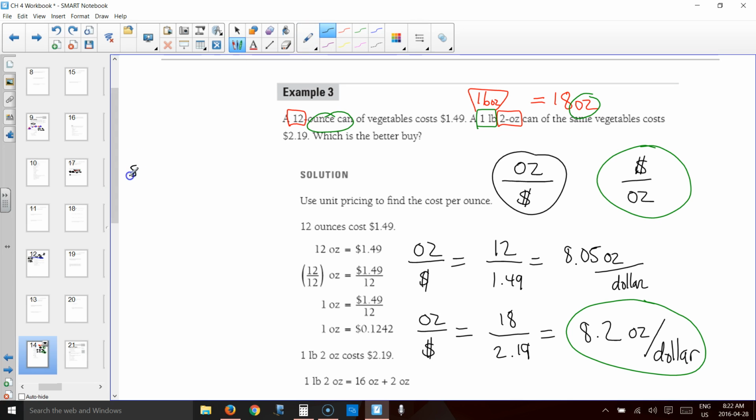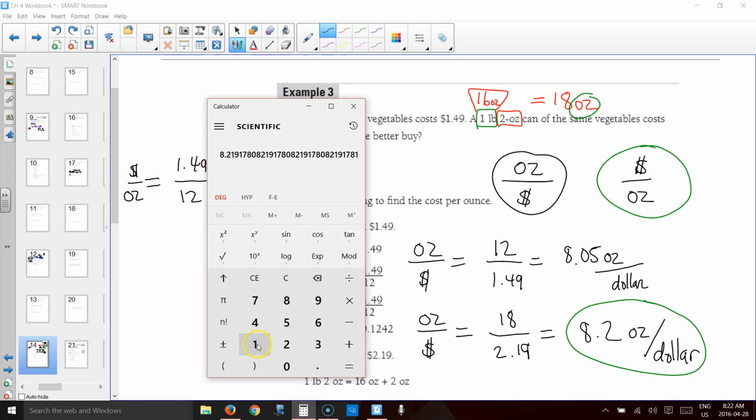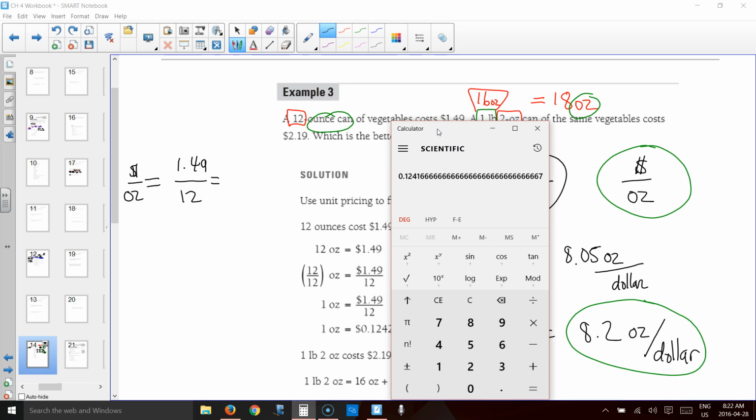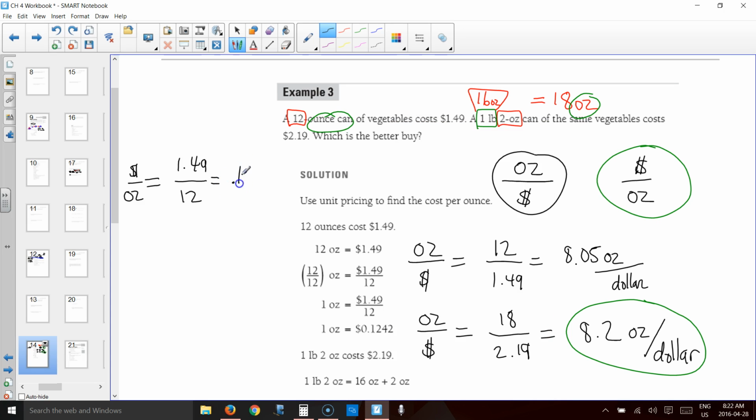So let's just do that and see what happens. My dollars per ounce, in the first case, was $1.49 per 12 ounces. Take the money, $1.49, and divide it by how many ounces, and you get 0.124.